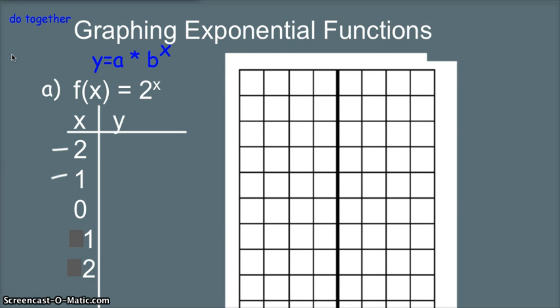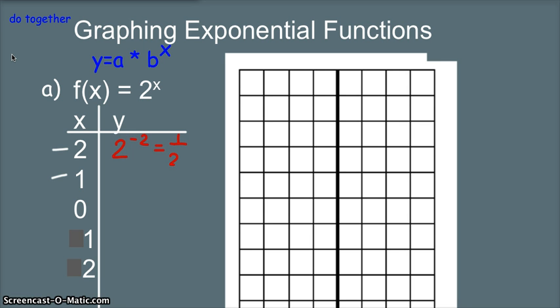Let's start graphing some exponential functions. We'll do this one together. We have the function f of x equals 2 to the x power. If we plug in the domain of -2, -1, 0, 1, and 2, I'll start by using -2 as my x.